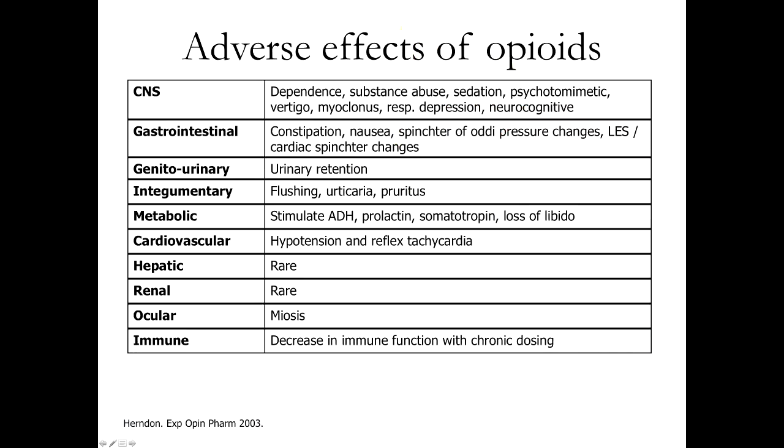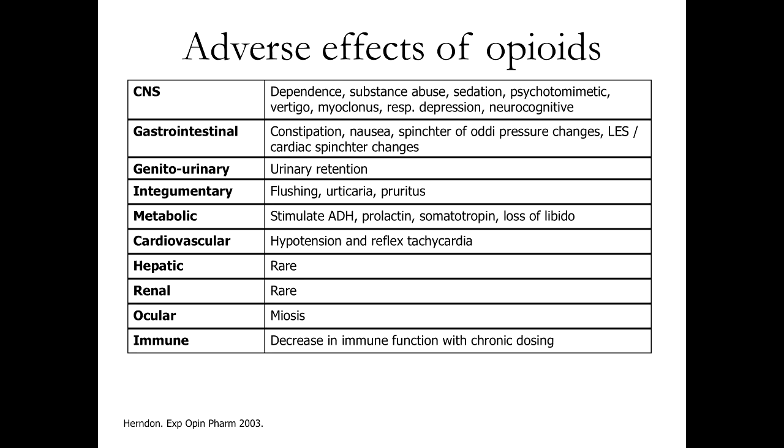So let's talk about some of the adverse effects of opiums, or opioids. Both Dr. Nieto and Schober talked about the differences between opiates and opioids, so I won't go over those. What you do need to know about are some of the adverse effects of these drugs, and they're basically broken down for you. Without reading through this slide in its entirety, if you want to pause the presentation and read through it, that would probably be the best way to keep this from becoming too long.